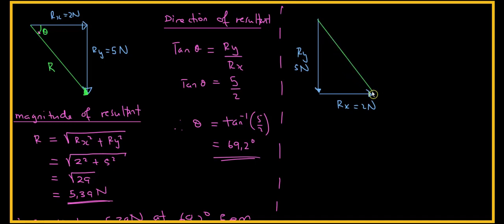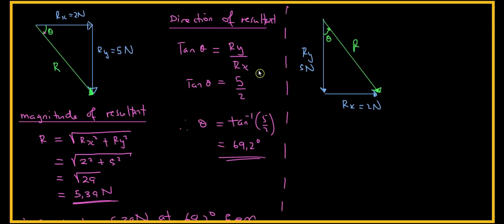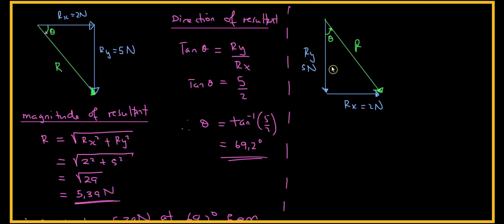Up to that point I have my resultant, and this would be the angle of my resultant from the vertical. If you draw a triangle like this, your resultant will be the same. You still use Pythagoras theorem, so you get the same resultant. However, for the direction, it will be a little bit different.